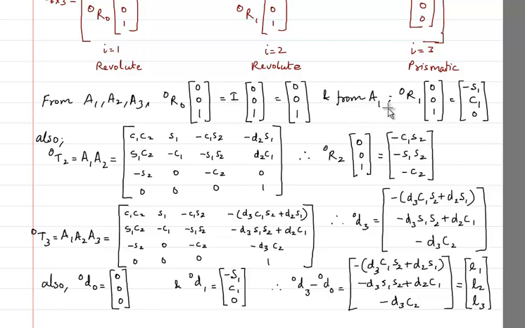And from A1 we can get 0r1 multiplied with 0, 0, 1. Whenever we multiply with 0, 0, 1, we actually take the third column of 0r1.